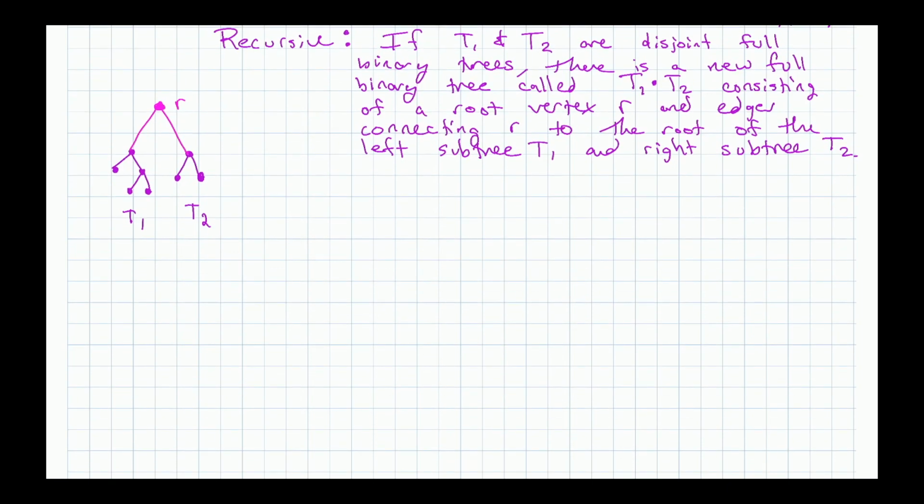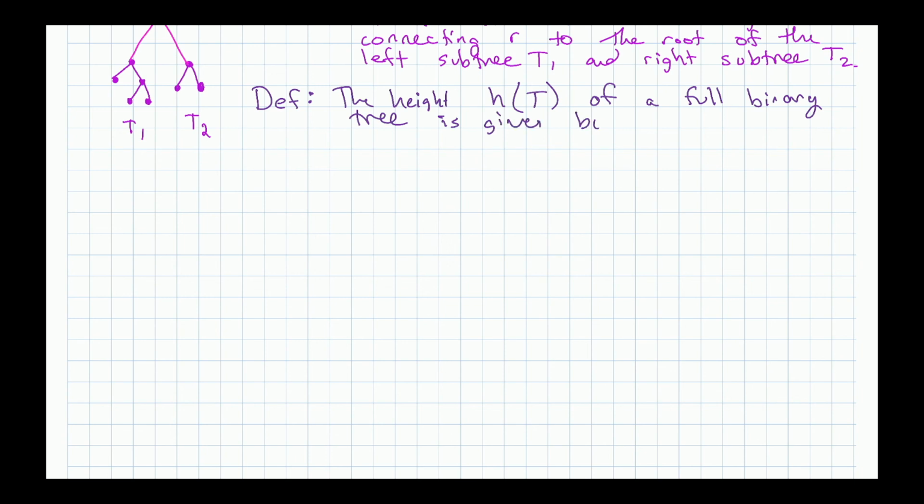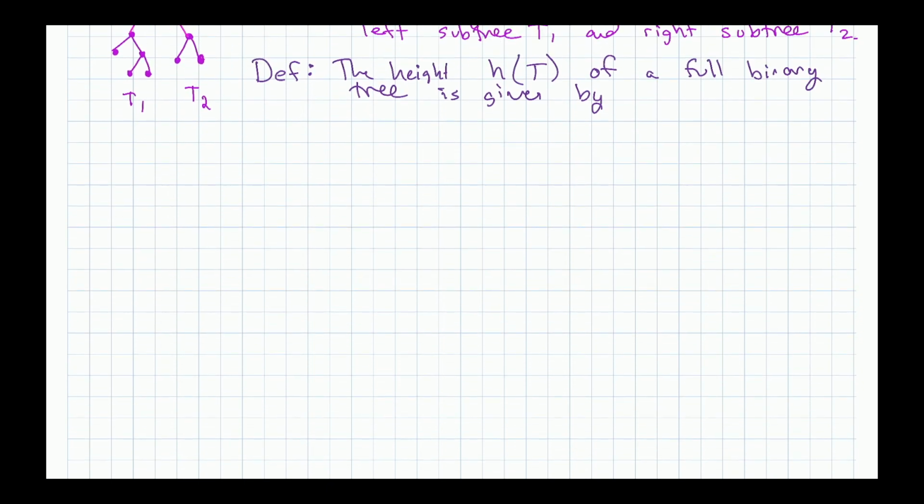So here is how we're going to talk about the height of a full binary tree. Definition: the height, which we'll call h of T, of a full binary tree is given by the following. This is going to be a recursive definition.